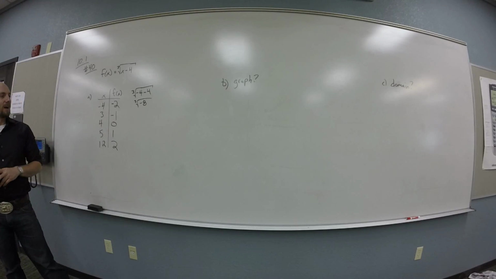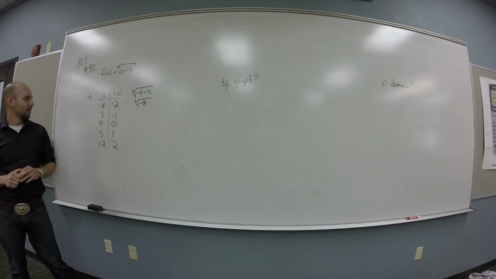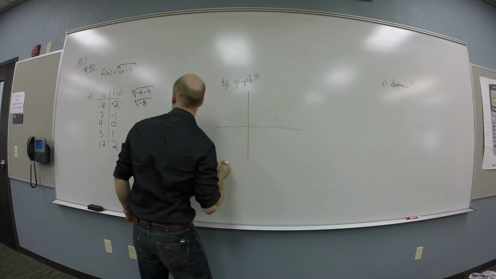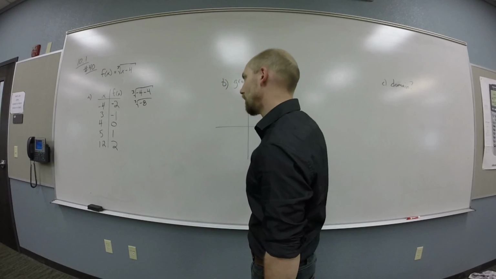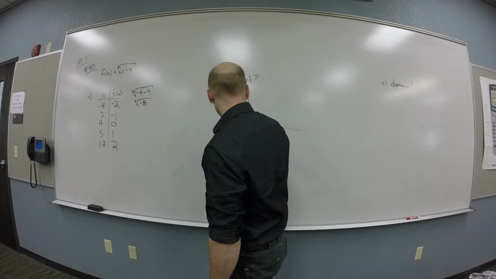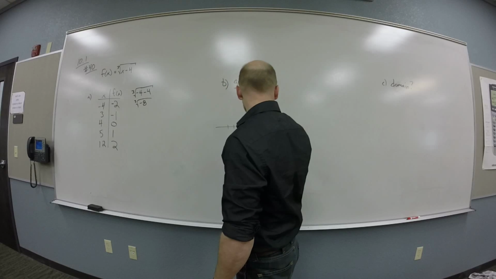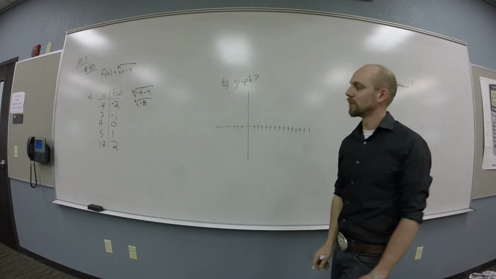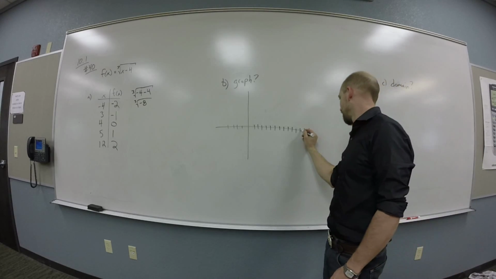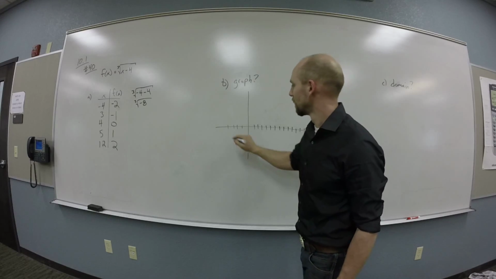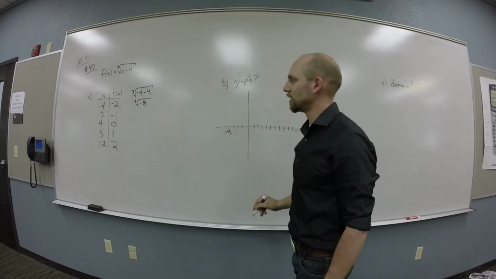Okay, how about graphing this? Can I graph this? Yeah, I could throw the points on a graph and connect them. Okay, so there's supposed to be, let's see, I need up to negative 4 and 1, positive 12. So what do you do with these?